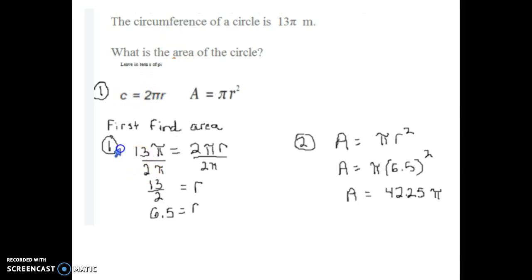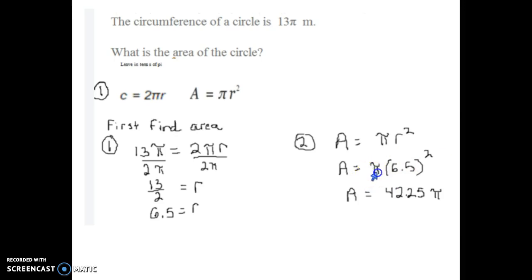So first step, we plug in the circumference they've given us, 13 pi, and that equals 2 pi r. So we'll divide both sides by 2 pi so that we can get the radius by itself, and our radius is 6.5.